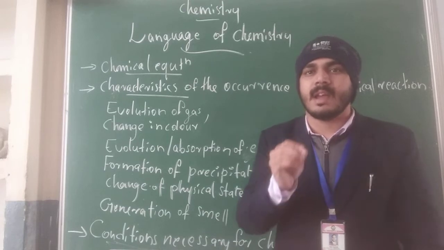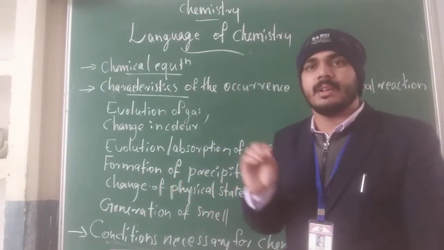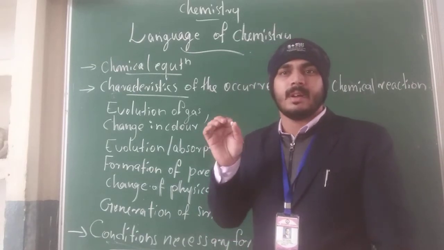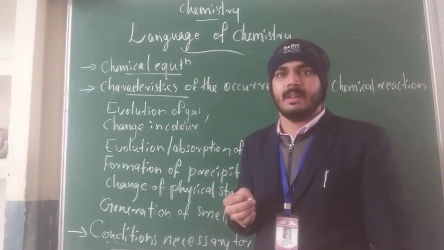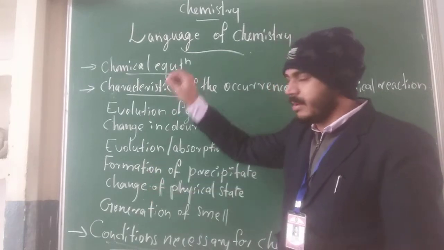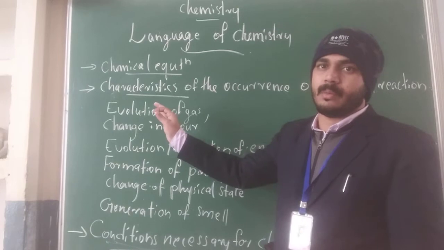Hydrogen reacts with sulfur to form hydrogen sulfide. Hydrogen sulfide has a rotten egg smell, a very pungent smell. So these are the basic characteristics of chemical reactions. I hope all of you know this topic.